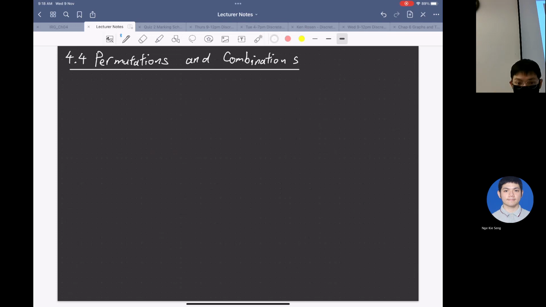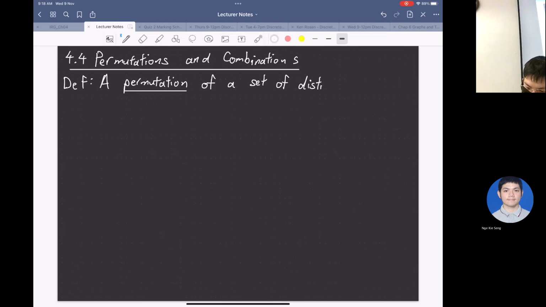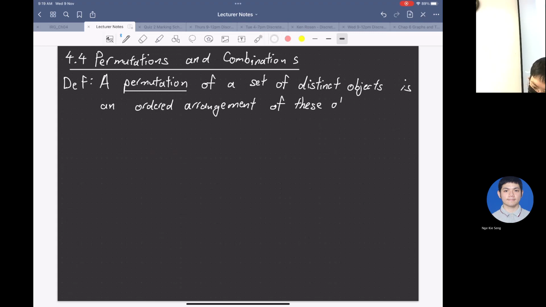Now we will do some permutation and combination. So what's a permutation? In permutation, we are not just choosing objects, we care about the order. A permutation of a set of distinct objects is an ordering.